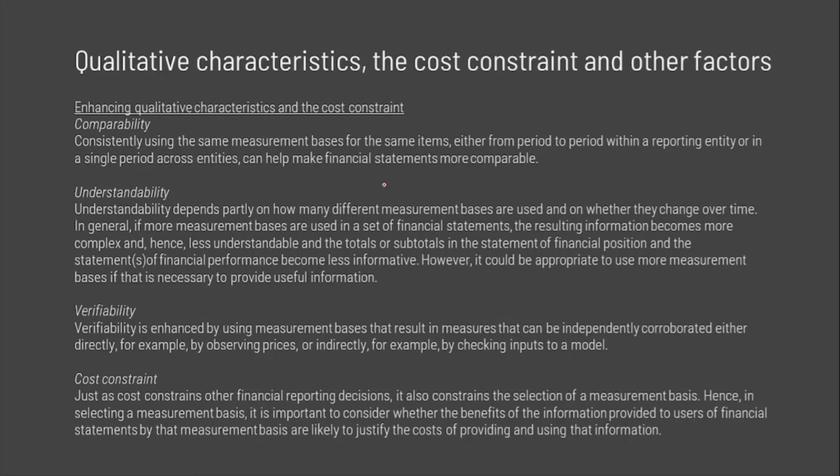Nonetheless, current cost may provide useful information, for example, when revaluing a property whose fair value cannot be determined directly by observing prices in an active market. Selecting an appropriate measurement basis requires the consideration of all factors in combination, including the cost constraint and other factors, rather than only a single factor in isolation.